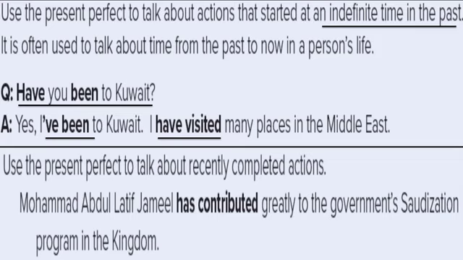You can here use the present perfect to talk about these actions. It is often used to talk about time from the past to now in a person's life. An activity that started in the past and has an effect on the present.